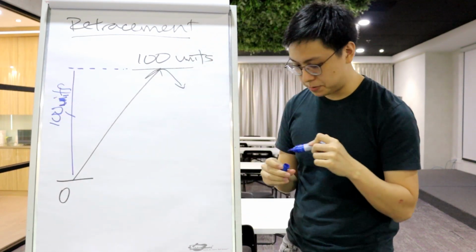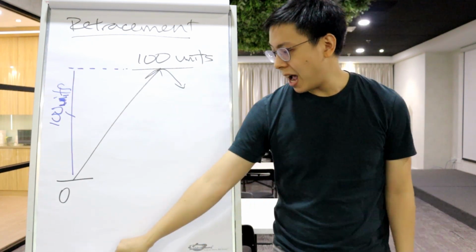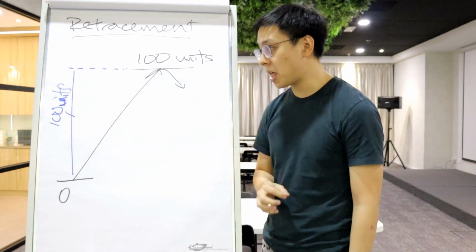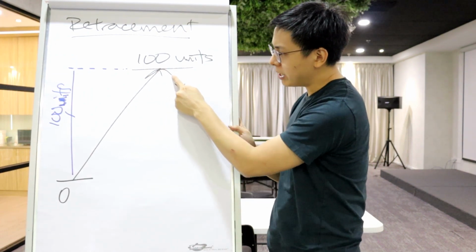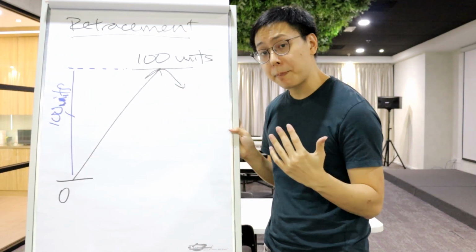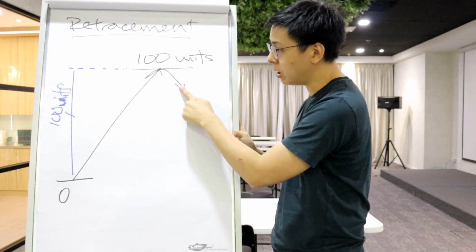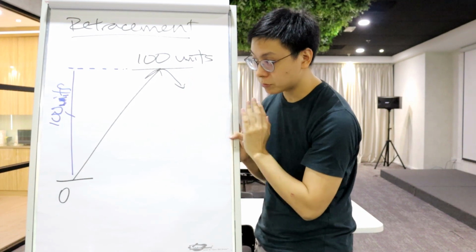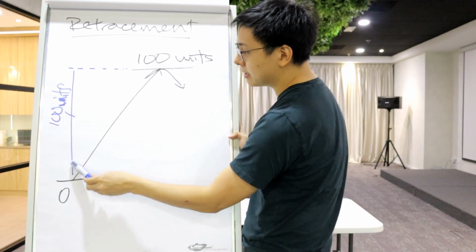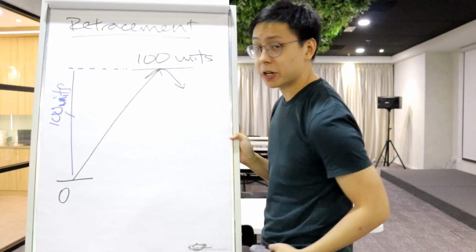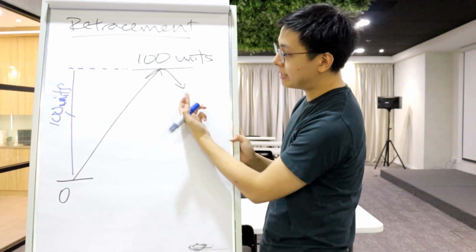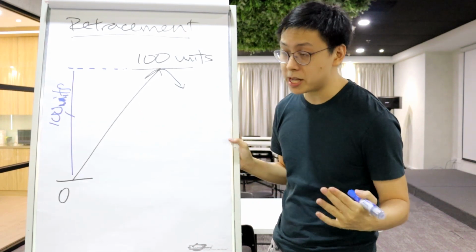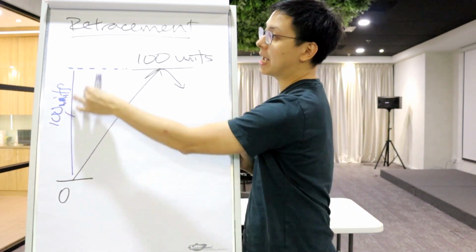Now in terms of ratios, in terms of Fibonacci retracement, we want to understand when price is coming back, is in a retracement, how much the price comes back. So if this entire vertical length is 100 units, and let's just assume price did come back maybe halfway, which is equivalent to 50 units, that's half of the entire length.